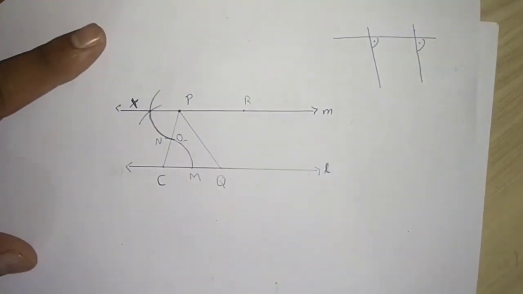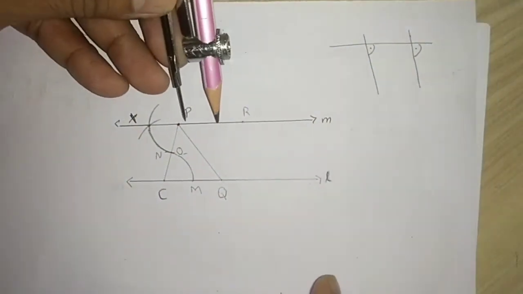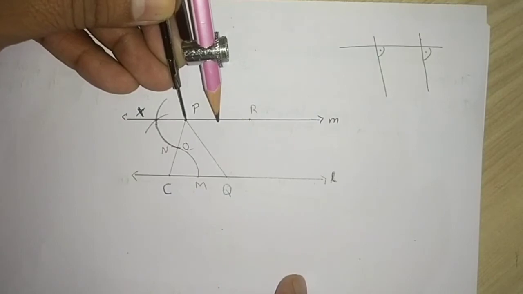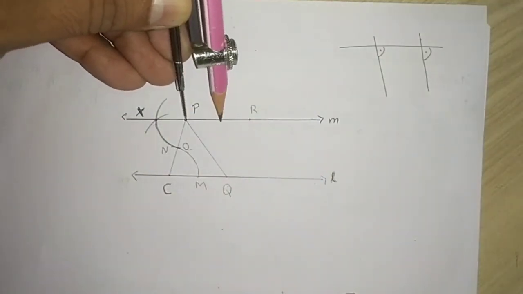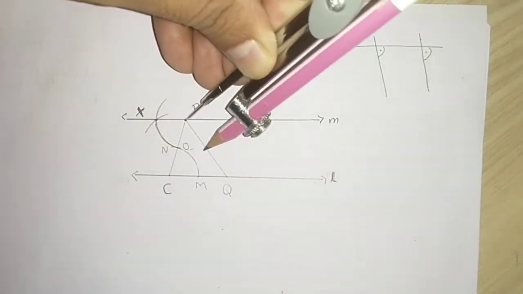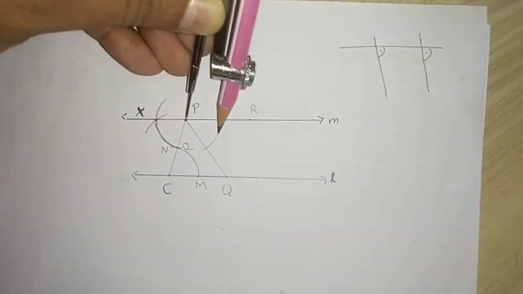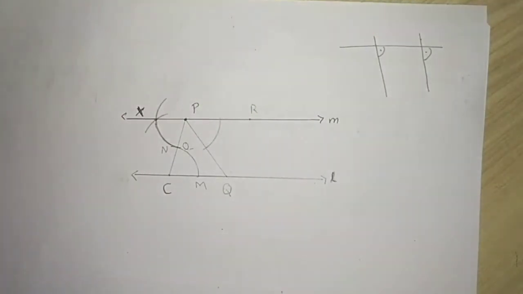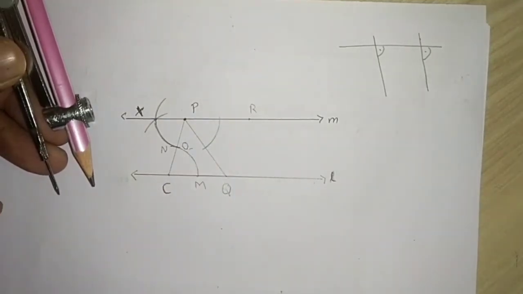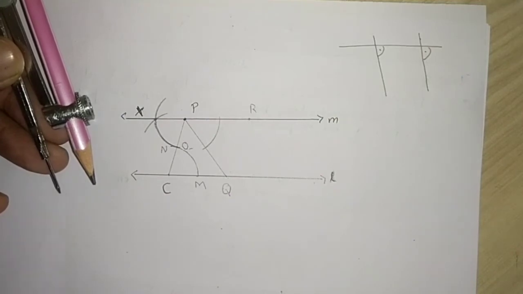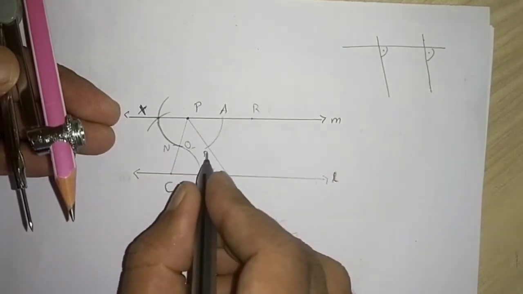So for that purpose, I will put my compass needle on point P, and with any radius, draw one arc which intersects M and PQ at two points. We can name the points as you wish. You can name them A and B.